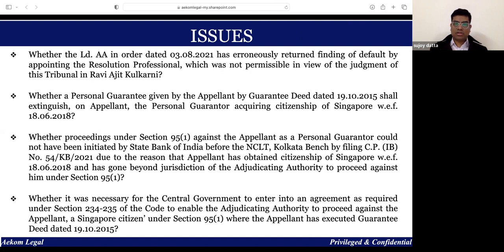Whether the adjudicating authority has erroneously returned a finding of default and it was not permissible in view of the judgment of the tribunal in Ravi Ajit Kulkarni. This first issue, I'll explain once because it's an important one.